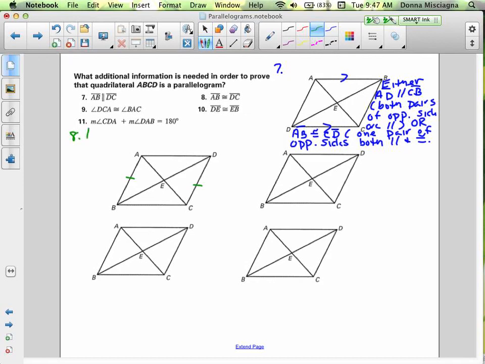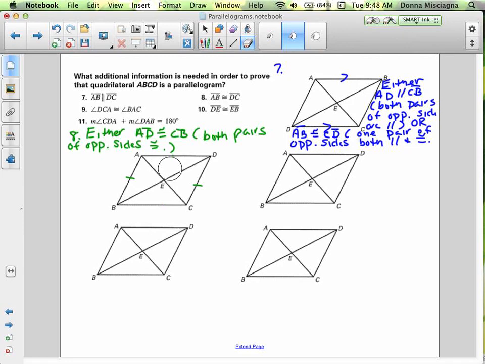So either AD would have to be congruent to CB, and that would be both pairs of opposite sides congruent. That would be the reason that would apply. Or, right, so we'd have this, right, so that would be a parallelogram.